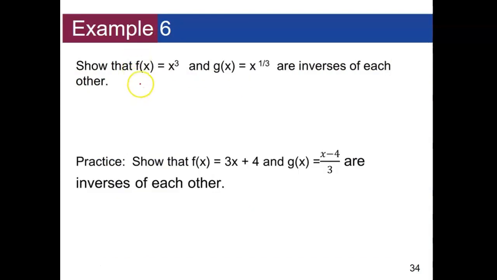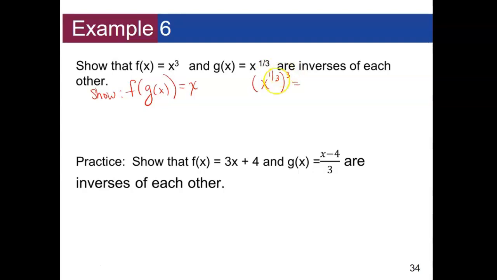Okay, so if we look at this one, we want to show that they're inverses of each other using this inverse property. So I'm going to look at f of g of x, because if they're inverses of each other, then we need to show that f of f inverse of x is actually going to equal x. So if I put g into f, I'm going to get x to the 1/3, to the 3rd.